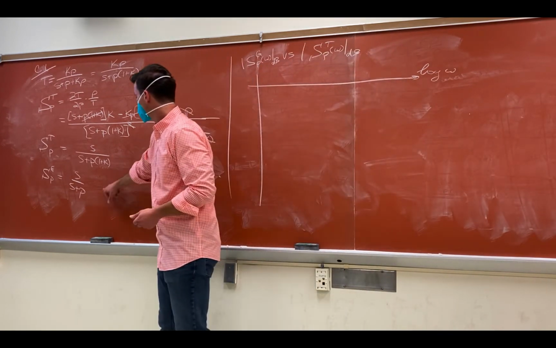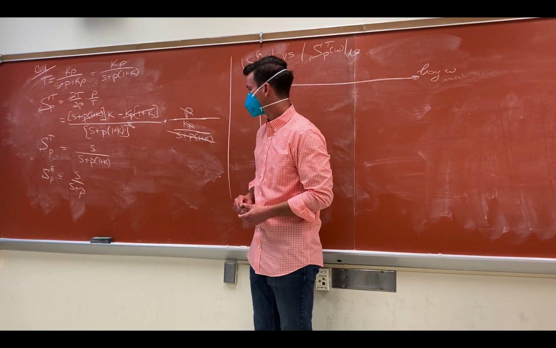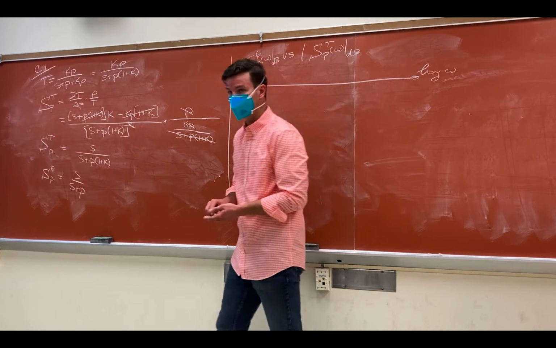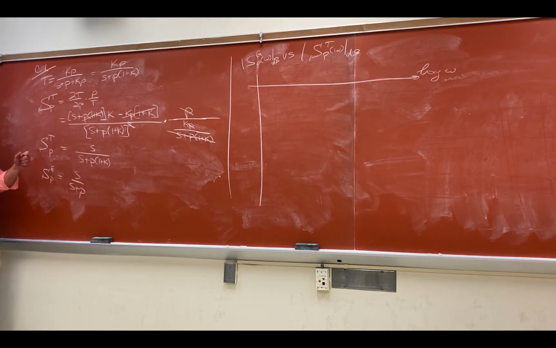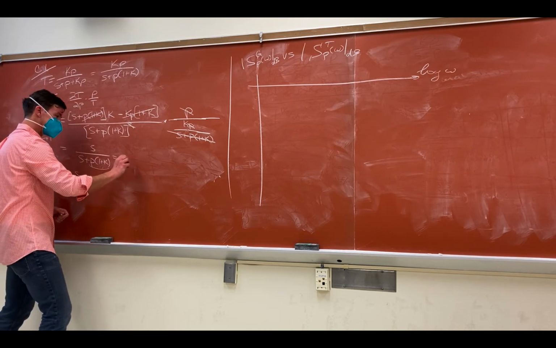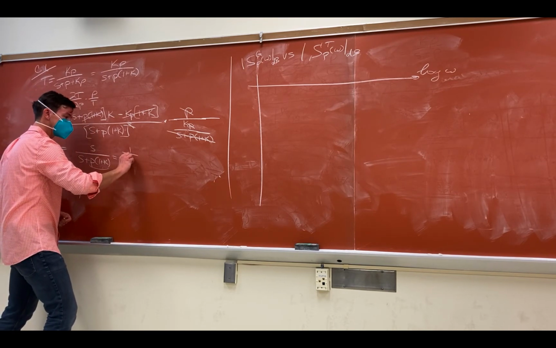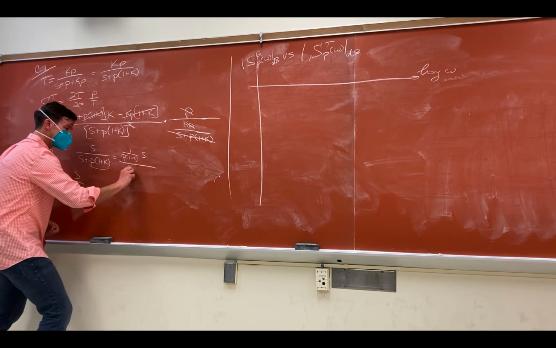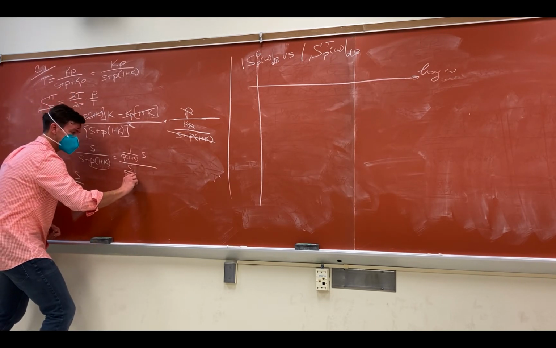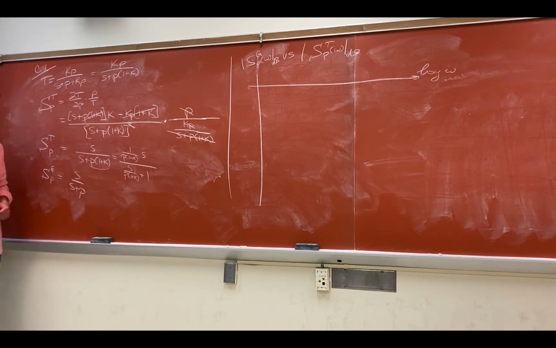Neither of these is in leading one's form. So let's make them in leading one's form to get some good old practice. This I've got to pull out of this entire thing, yeah? This is 1 over p times 1 plus k times s over s over p times 1 plus k plus 1.